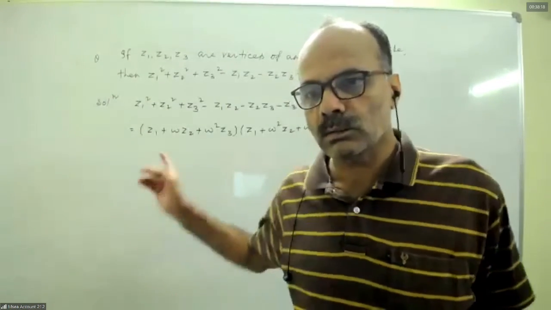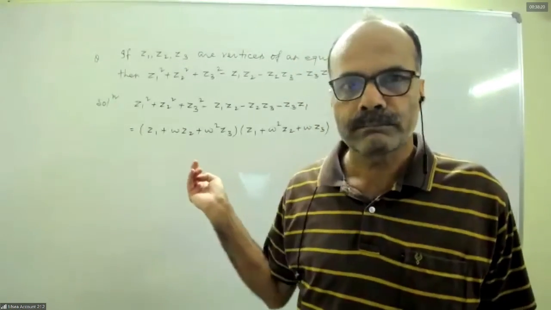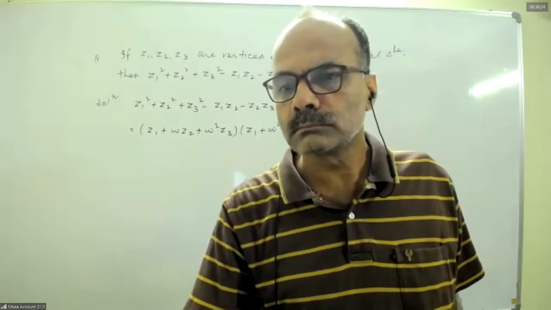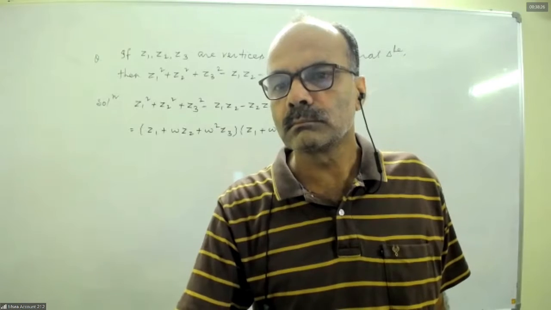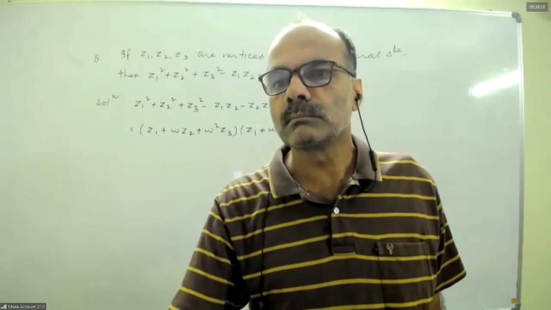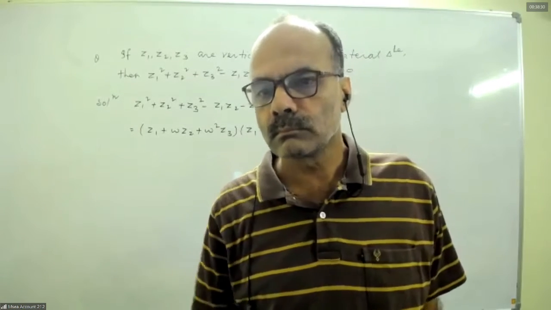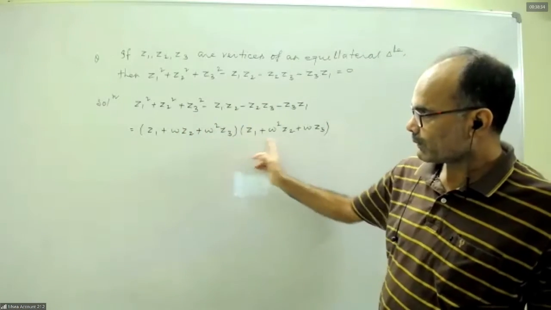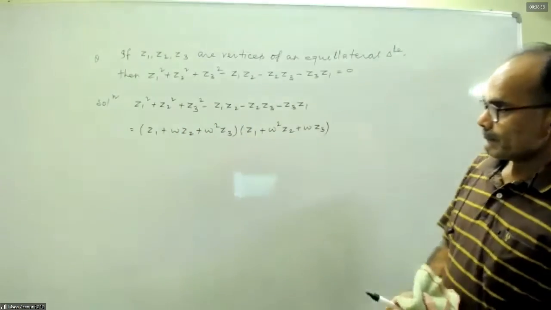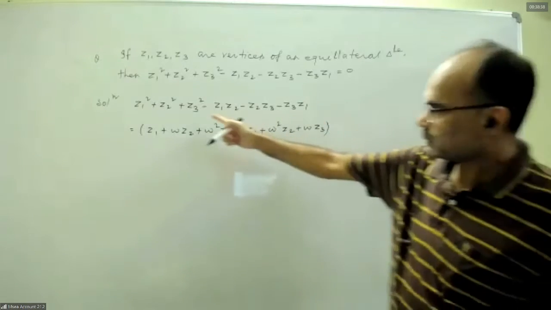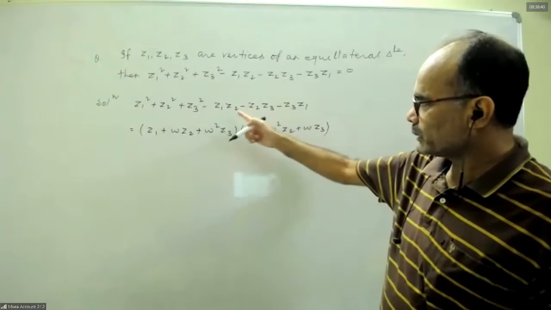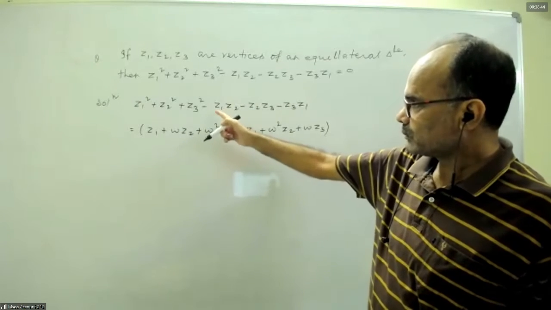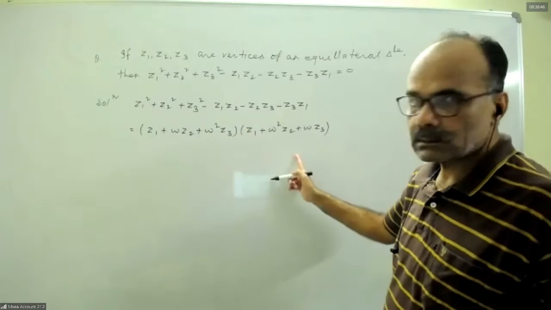I think earlier also I have used it. In real plane this cannot be factorized, but in complex plane it can be factorized. The factor of this expression is this.